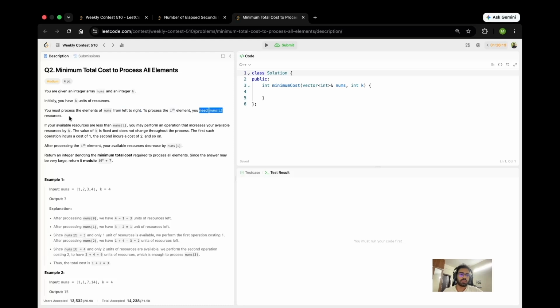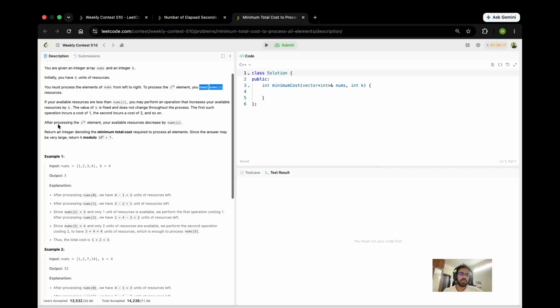To process the ith element, you need nums of I resource. If your available resources are less than nums of I, you may perform an operation and increase your available resources by k. If available resource is less than needed, increase it by plus equals k, and this is going to add to the cost.